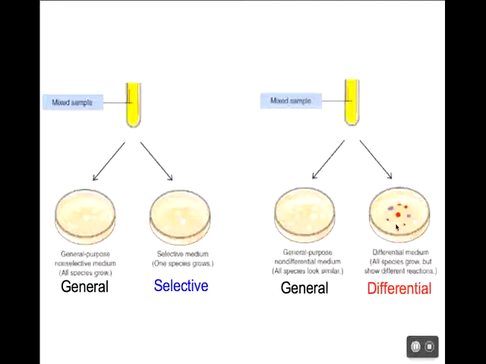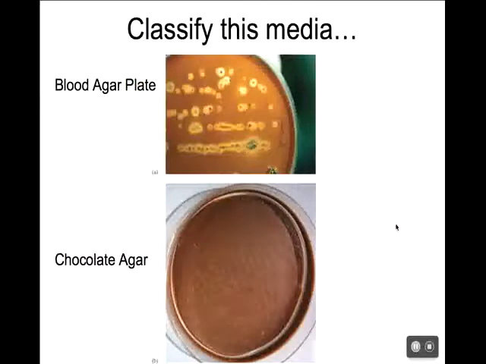Now, we're going to go through several different examples here. Please do not memorize the certain type of media that I'm talking about. What I want you to be able to do is, if I give you a description of a media, you should be able to identify, is it synthetic? Is it complex? Is it enriched? Is it selective? Is it differential? I just want you to be able to use those terms appropriately.